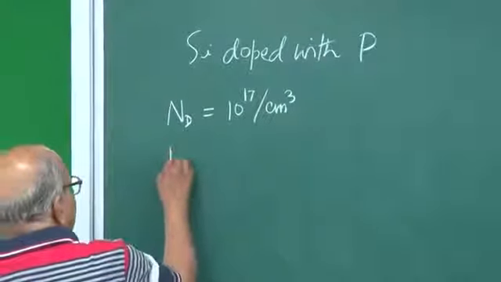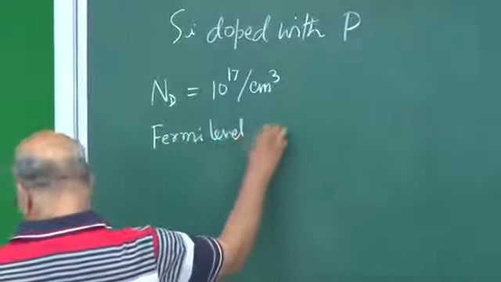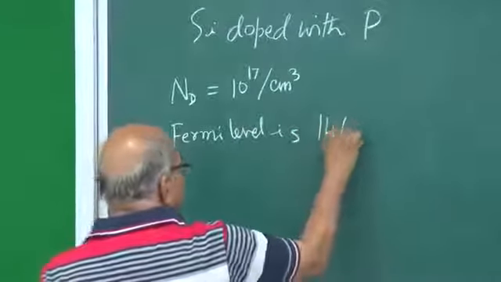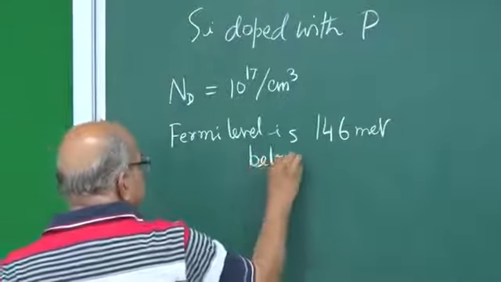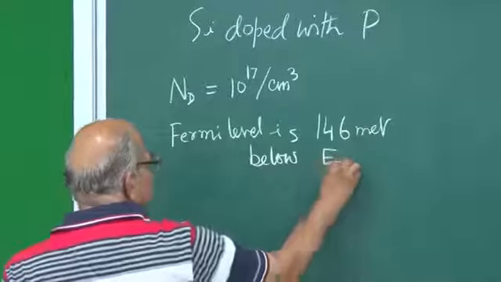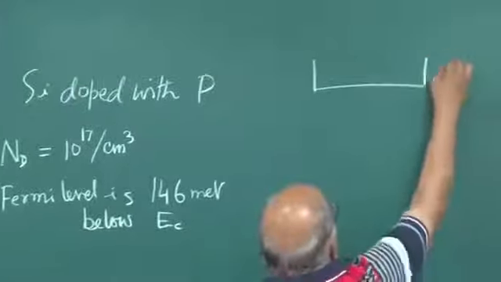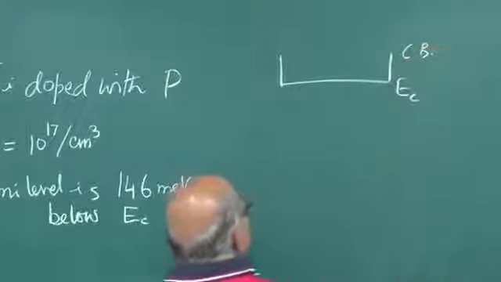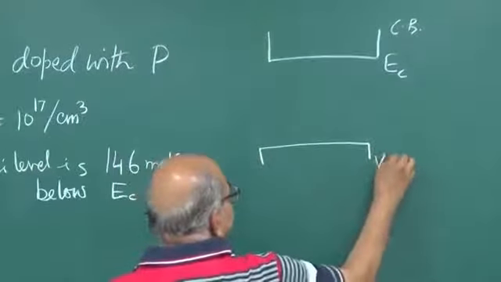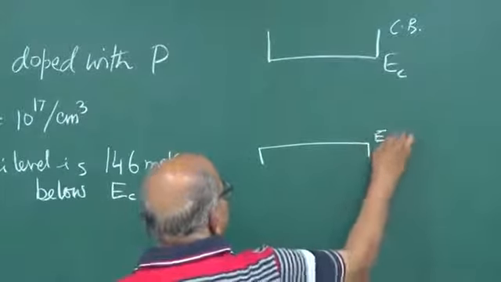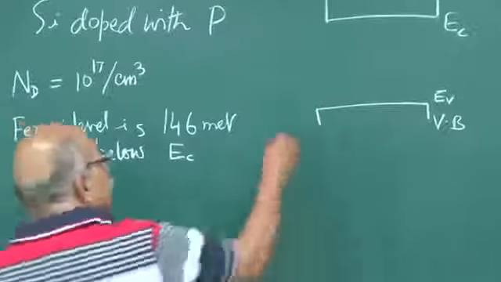Then the Fermi level is 146 milli electron volt below EC. What is EC? The lowest energy in the conduction band, that we write as EC, and the highest energy in the valence band, that we write as EV. It says that it's silicon, so you know how much this is.